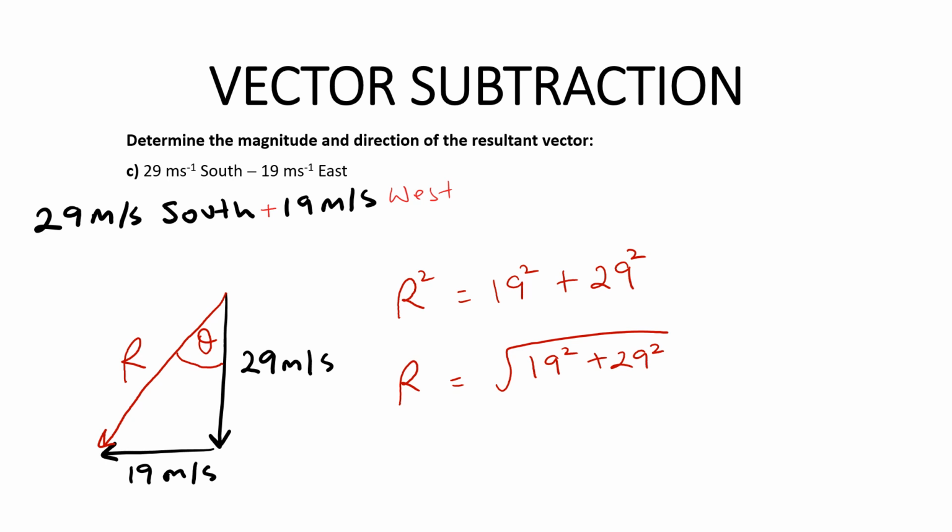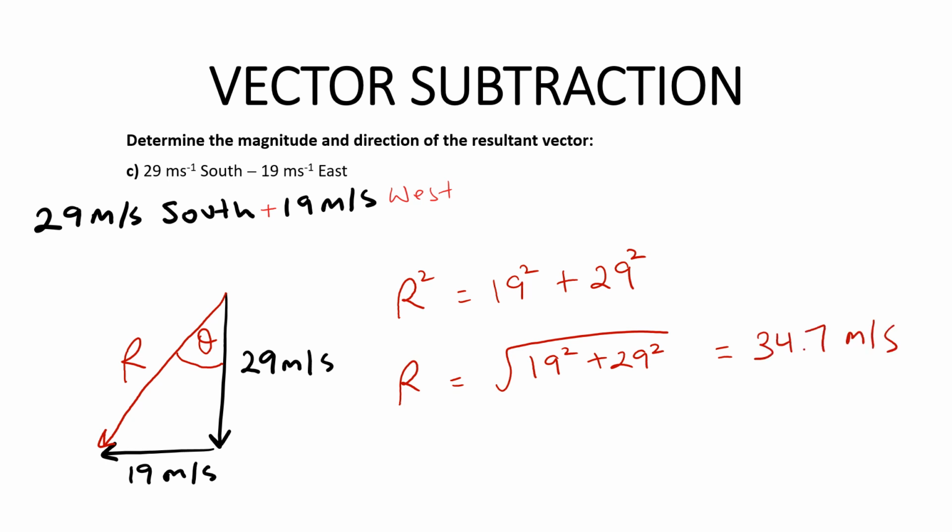When we square root the other side, we have to include the plus and the minus sign. But in this case, we don't want the negative answer because the side of a triangle cannot be negative. So we will just consider the positive value. The square root of 19 squared plus 29 squared is equal to 34.7 meters per second.